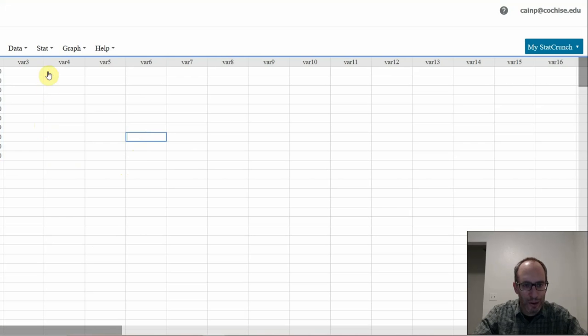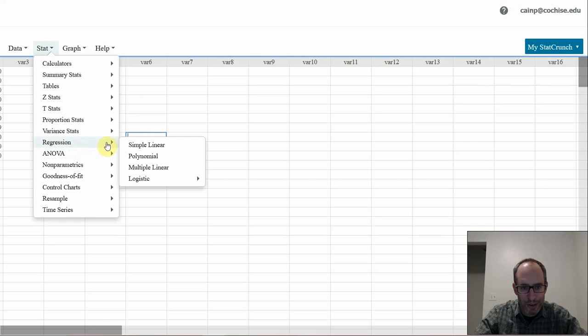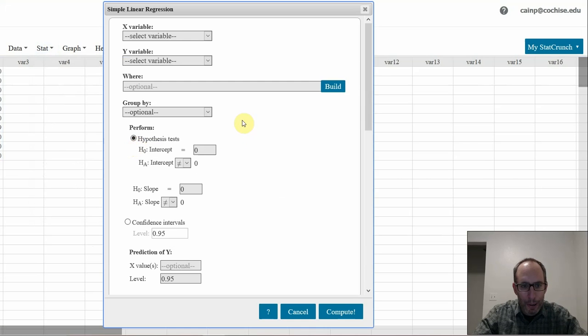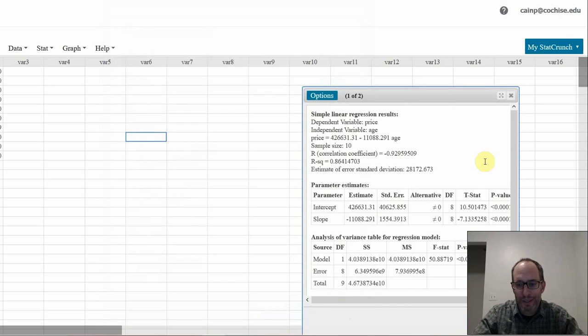Then if we go to Stat, Regression, Simple Linear, it's set up to predict the price from how old they are. Even though this is really something for the next section, I'm going to make age X, since that is what it's supposed to be. I don't have to change anything else here. We've got the two-sided alternative for the slope test, so that's what we want.